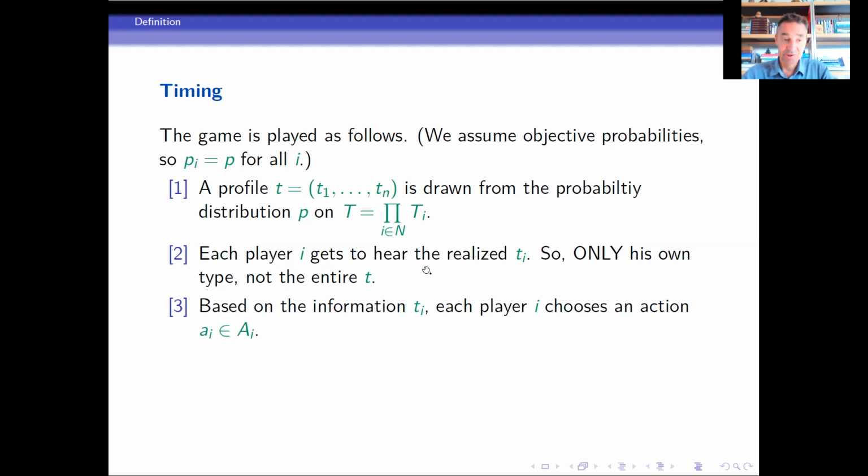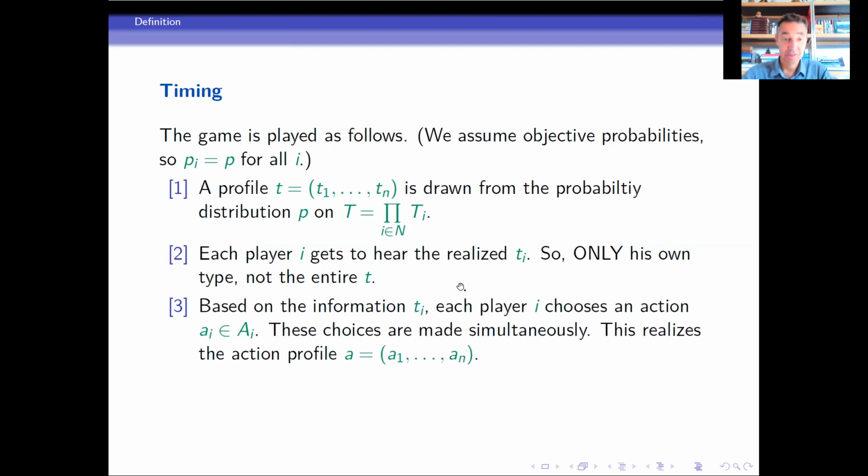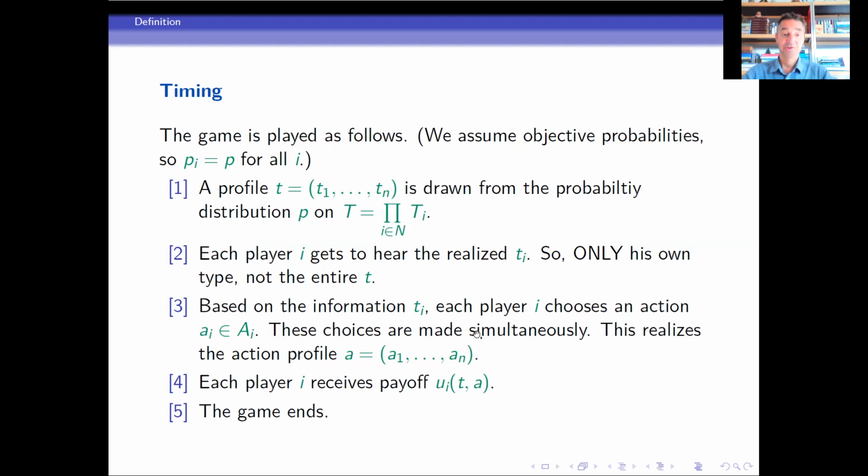And once everybody has done that, so all the players simultaneously make such a choice, we have a vector T of types that is realized, and we have a vector A of all the actions that are chosen. And so this is the profile of actions that is then realized. And then we have a T and an A, and everybody gets a payoff. So every player i gets a payoff Ui of T, A. And then the game ends.